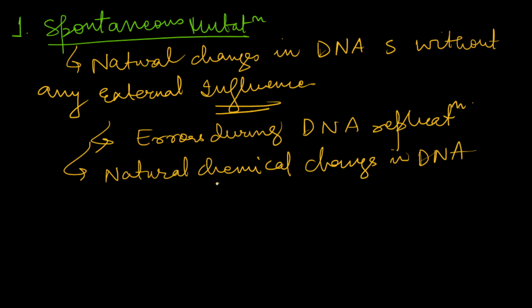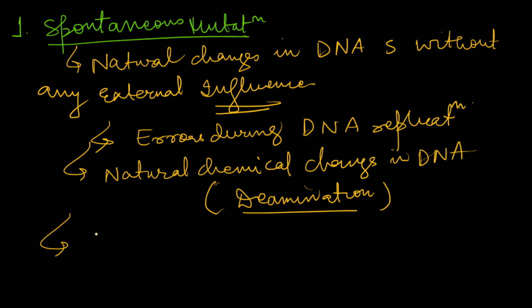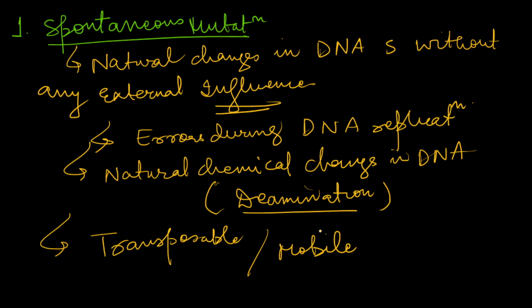For example, you have heard about deamination. Various times transposable elements, or mobile genetic elements, that is elements which have the ability to move from here and there, lead to its change. So these are the things which can lead to spontaneous mutation.